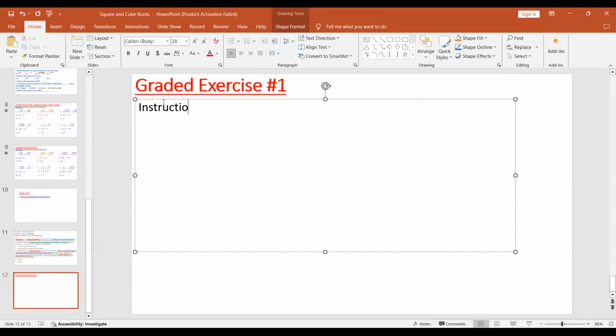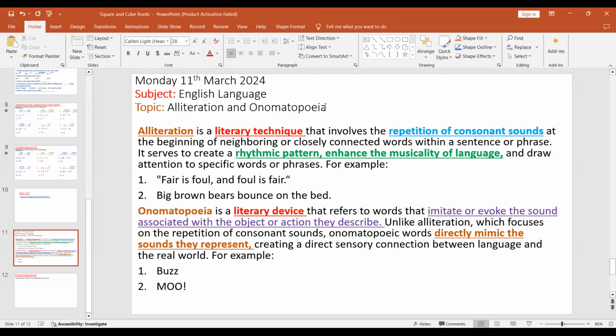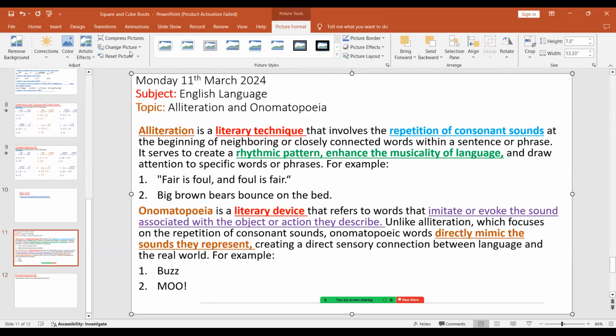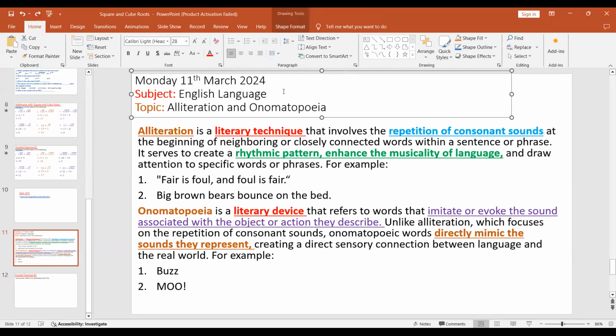Instructions. Write A for alliteration. Everyone should get this right. This is not hard. Write A for alliteration and O for onomatopoeia.